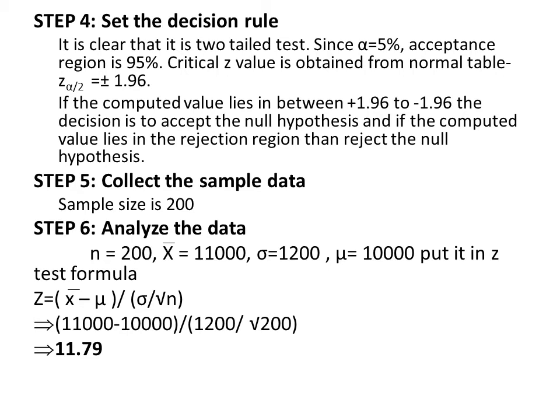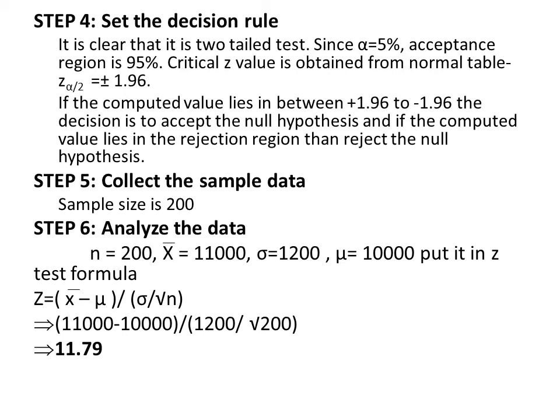If the computed value or the observed value of Z lies in between plus minus 1.96, then we accept the null hypothesis, and if the computed value lies in the rejection region, then we reject the null hypothesis.